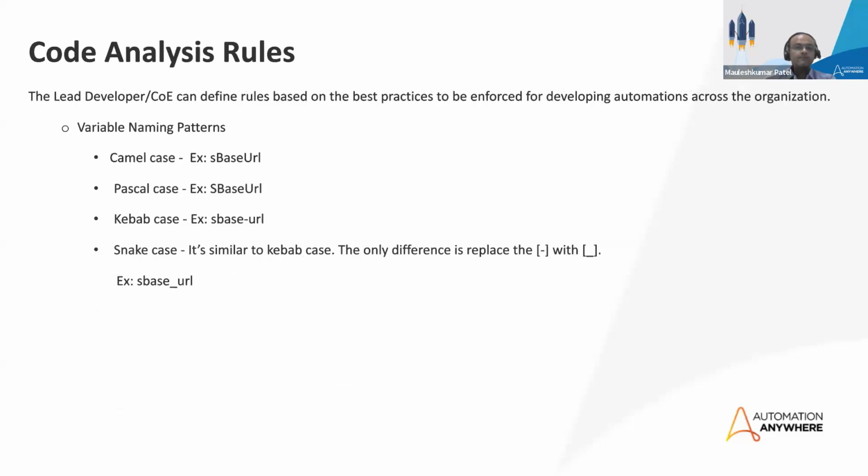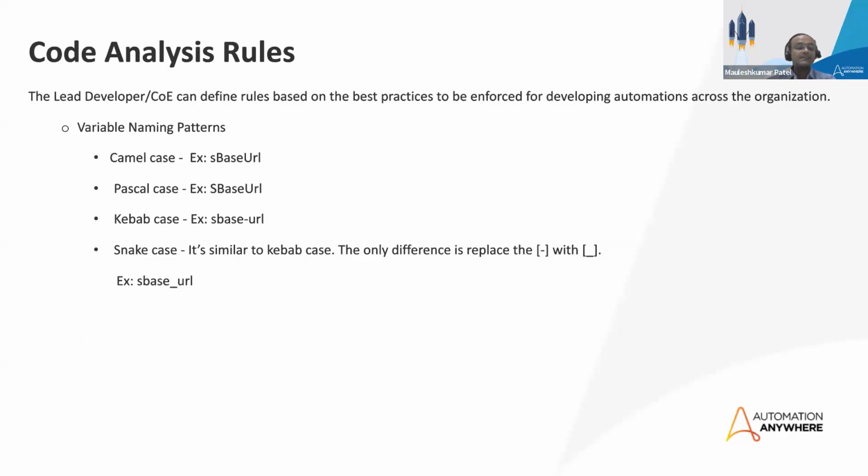All right, so there are some code analysis rules that the majority of us follow, but to make it simpler: for variable names, one of the rules is that the variable name starts with camel casing, where the first letter is small and the other words start with a capital letter.